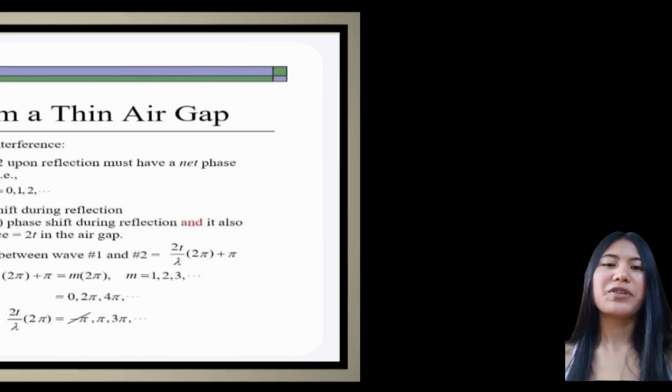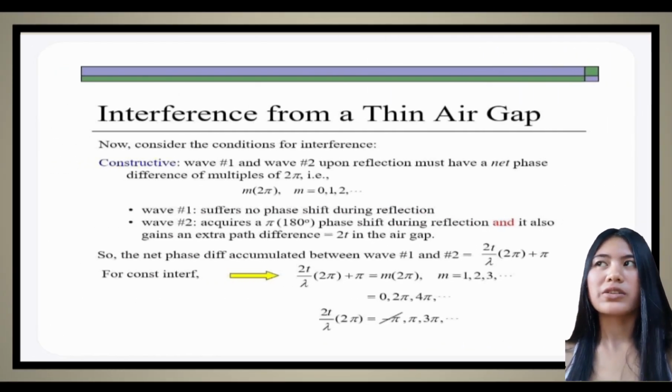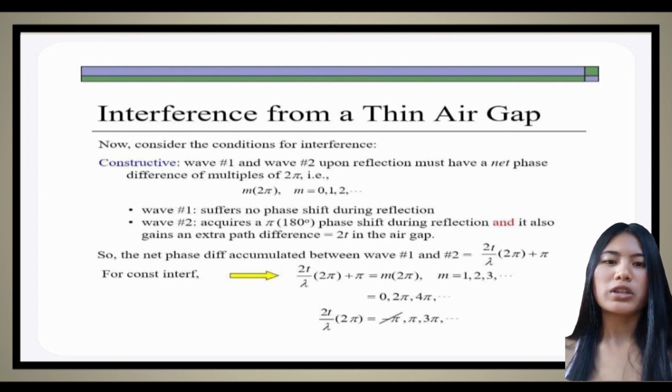In physics, interference is a phenomenon that occurs when two or more waves overlap. It results from the combination of these waves, leading to a redistribution of their amplitudes. Interference can be either constructive, where the waves reinforce each other and produce a larger amplitude, or destructive, where the waves partially or completely cancel each other out, resulting in a smaller or zero amplitude.